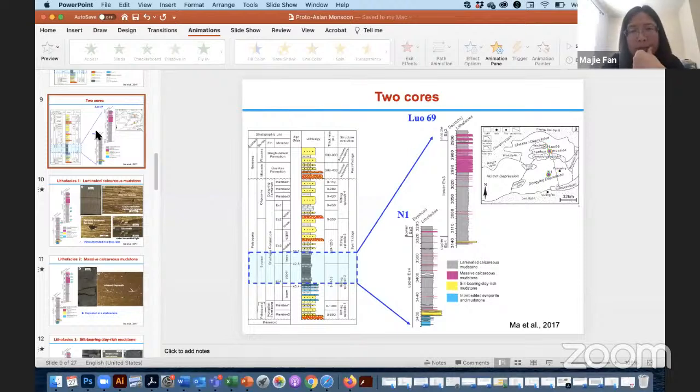But based on the tectonic setting of a forming rift basin, most of the sediment should just be coming from the local area, the paleo-high that was bounding the rift. But really, we haven't looked into the provenance record to see if there's any change of the sediment source or not.